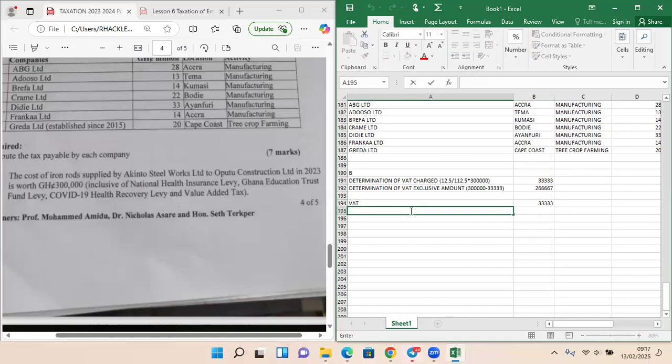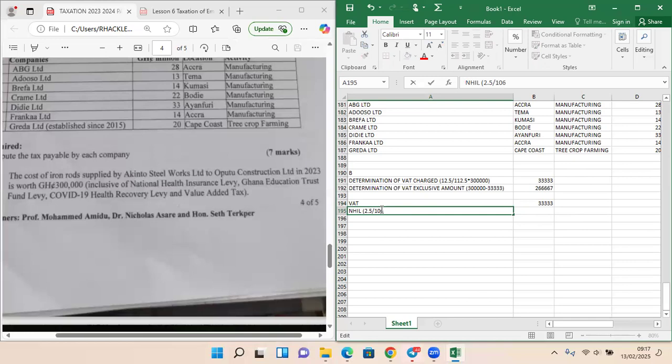And then NHIL. NHIL is what? 2.5%, right, because it has been added already. So we are bringing it down, 2.5 over 106.